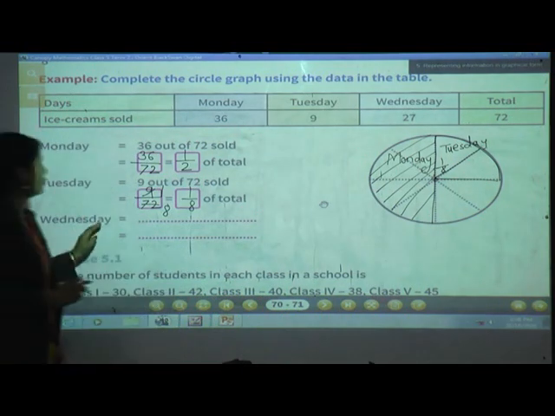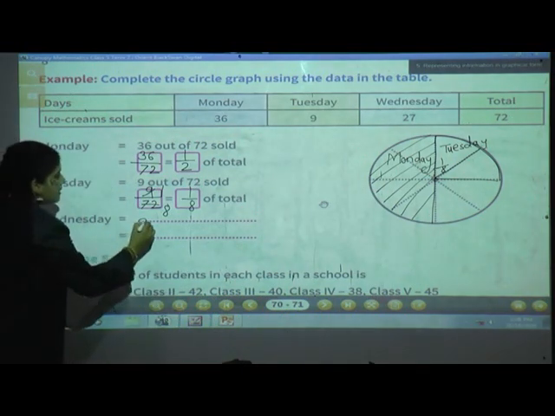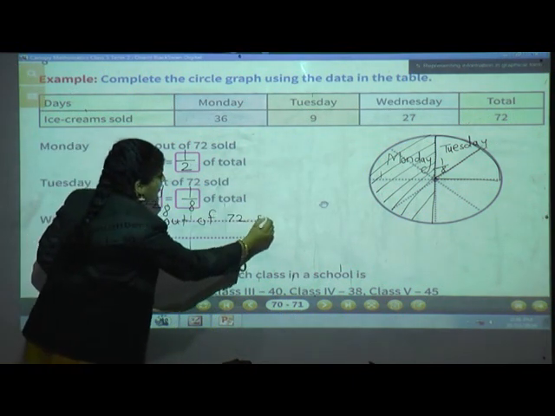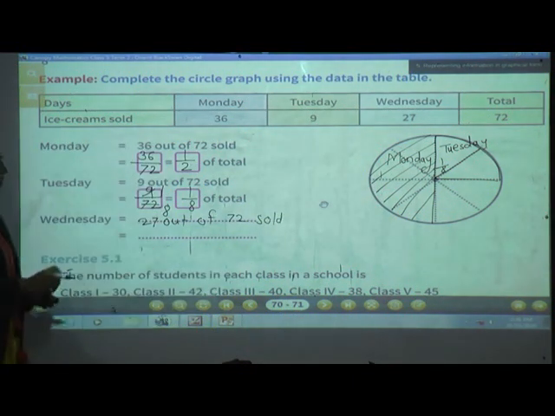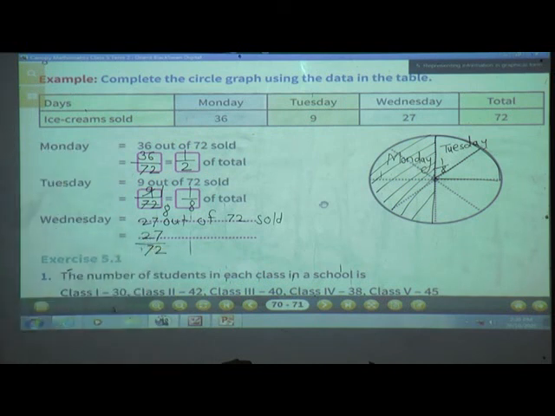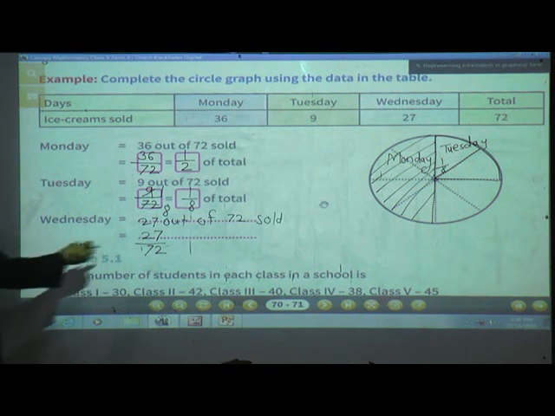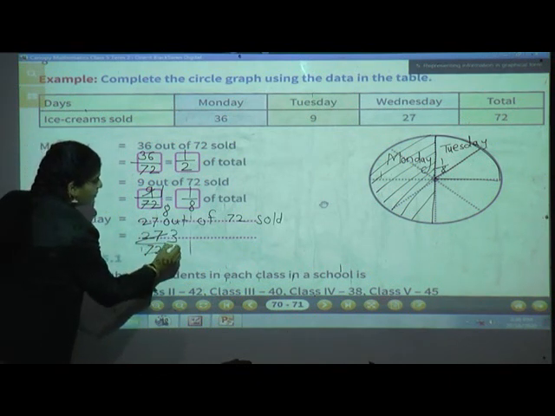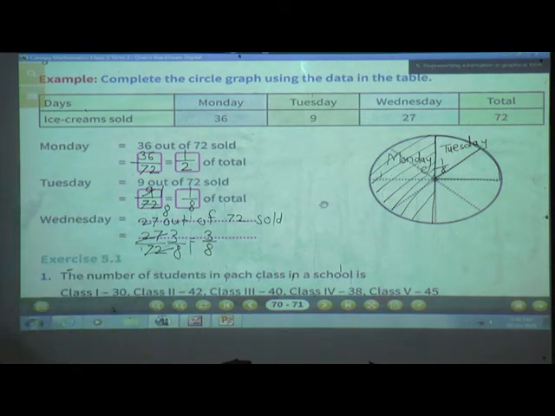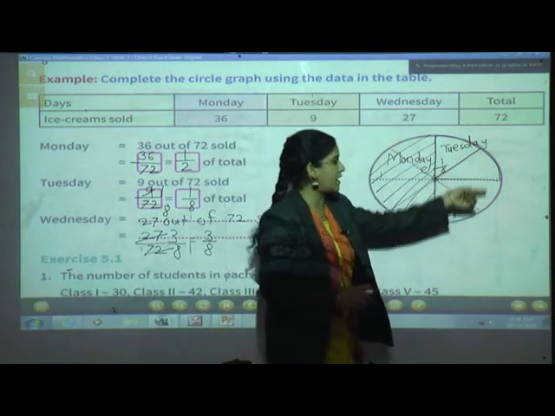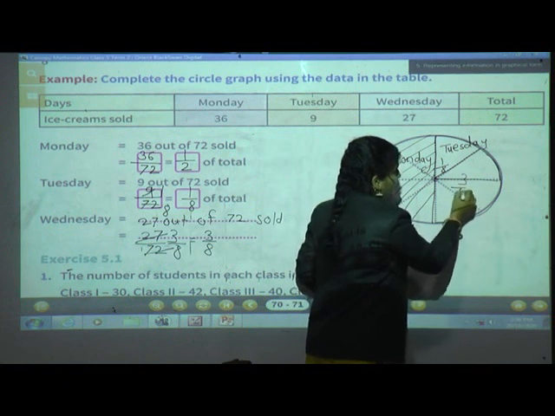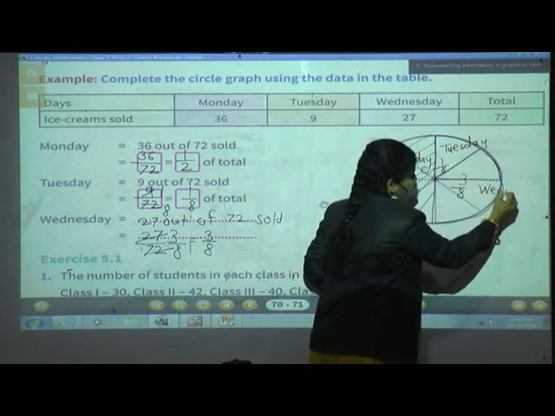Okay, and for Wednesday, 27 out of 72. So now 27 divided by 72. So do the division students. Here 3 upon 8. Okay, so the remaining part is Wednesday, that means 3 upon 8 Wednesday.